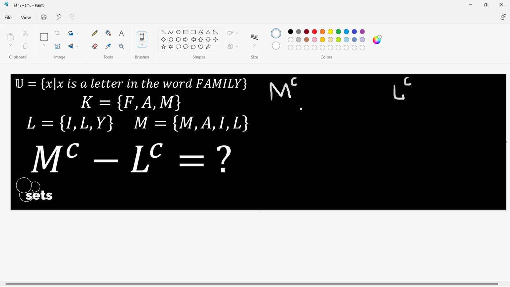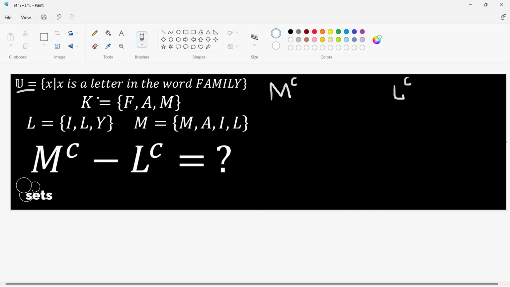But before we go to that, let us remember that when we are solving the complement of a set, we refer to the given universal set. In this example, our universal set is a set of X such that X is a letter in the word family. Again, it's a set of letters in the word family.